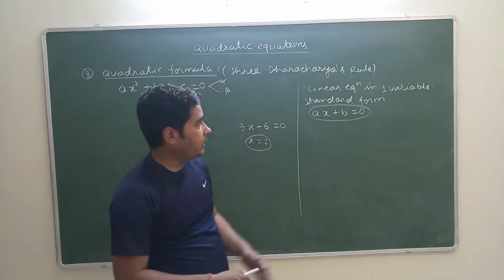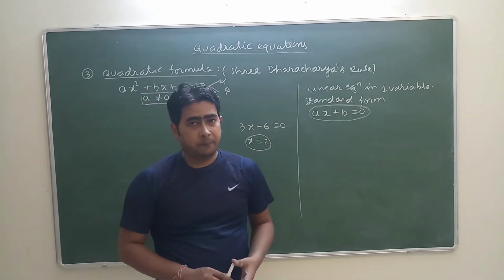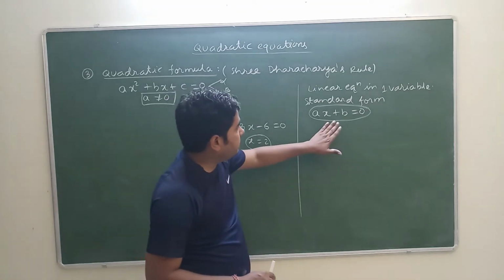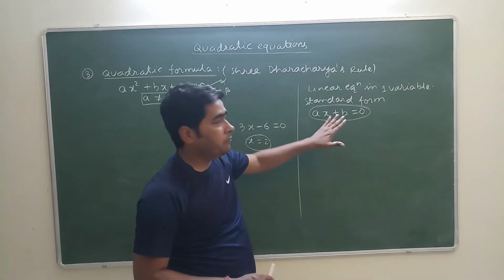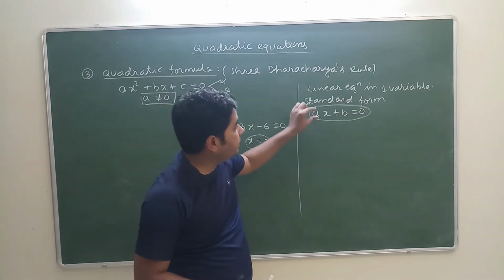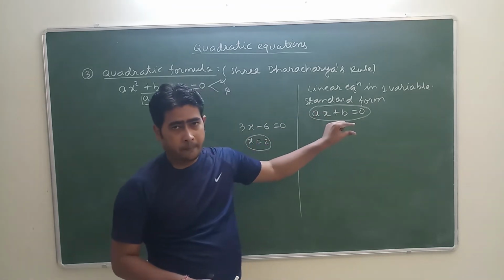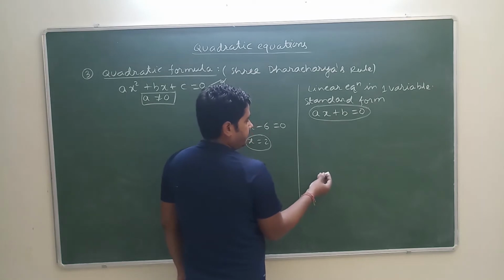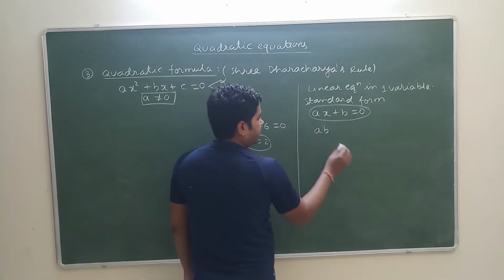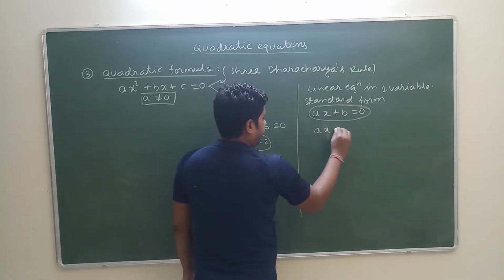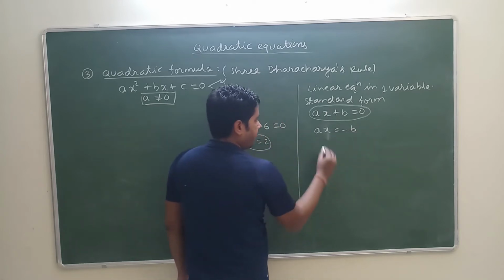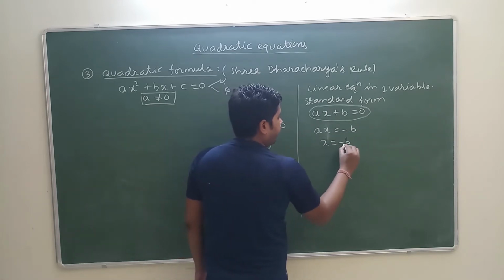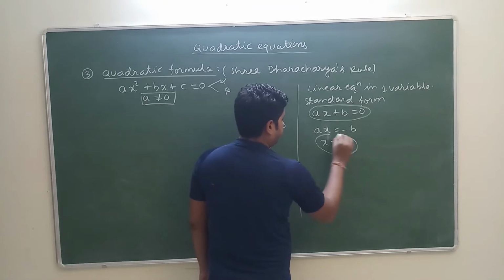This is the given linear equation in one variable and we have to find the solution. So what is the rule to find x? We will use the rule of transposition. So ax will be minus b and the value of x will be minus b upon a.